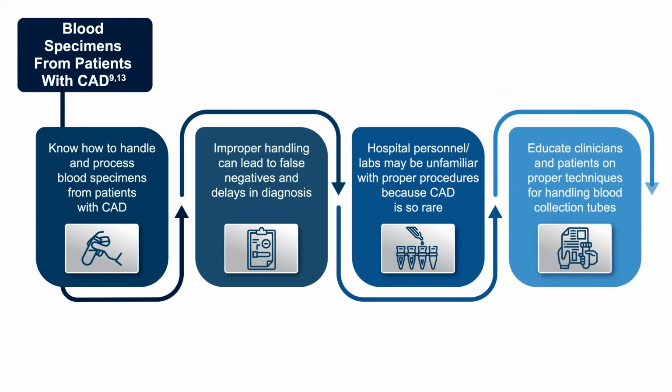So what we have to do is we have to first educate patients, but also educate ourselves. The tubes into which the blood is drawn must be kept warm, at least 37 degrees. The tube with the blood in it needs to be also kept warm until it is taken to the laboratory immediately.